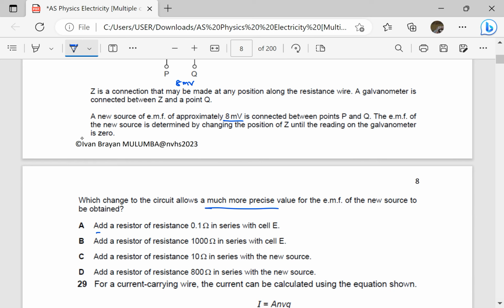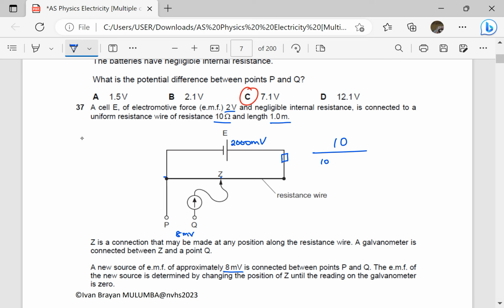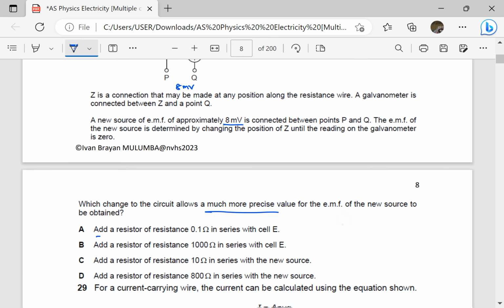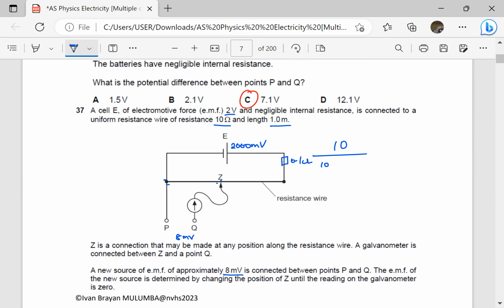We have options: add a resistor of resistance 0.1 ohms in series with the cell E. So if we put here 0.1 ohms, does it help us in any way to find this? My answer is going to be no. Because 0.1 is very small, it has very little effect, but suppose we put there a resistance of 1000 ohms in series with the cell E.